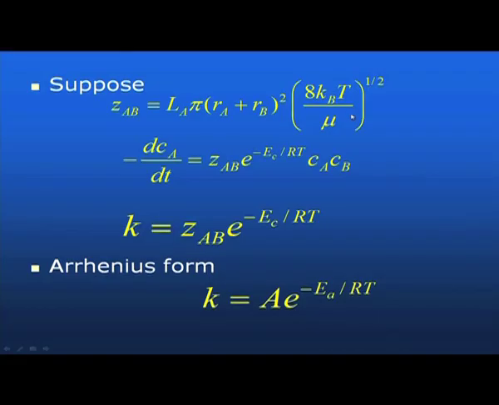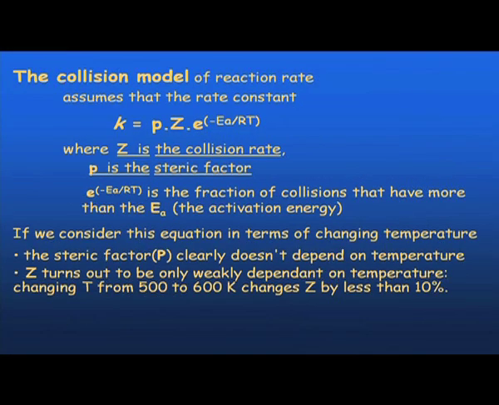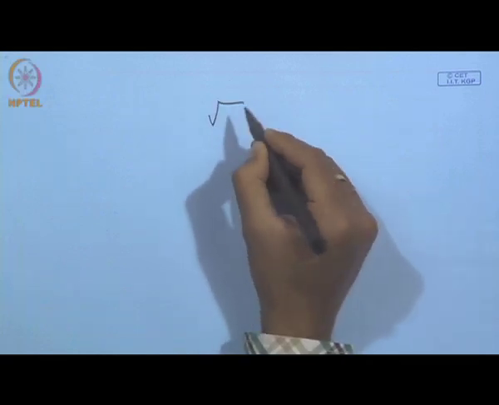Had this been an exponential dependence, it would have been a different story, but it is not the case. So, the steric factor does not depend on temperature, and Z is only weakly dependent on temperature. We can give an estimate: changing temperature from 500 to 600 Kelvin, that is by 100 Kelvin, may change your Z by about 10%, because it has a root over T dependence.